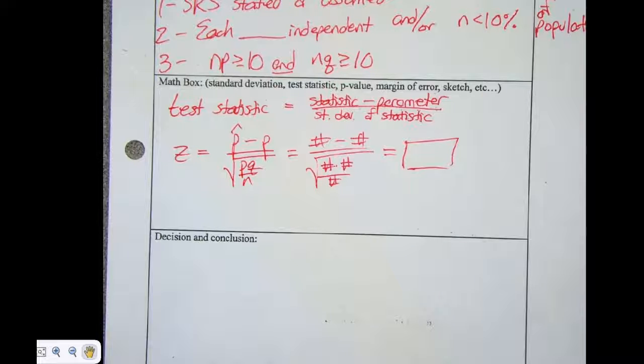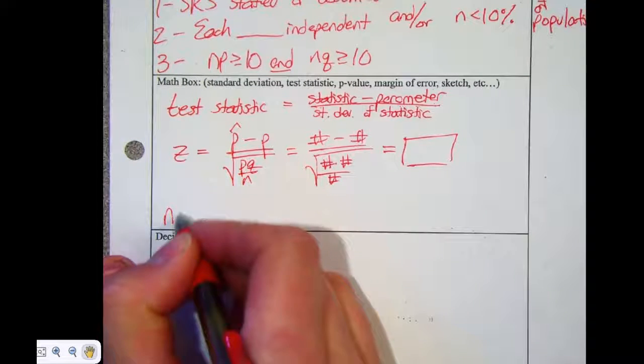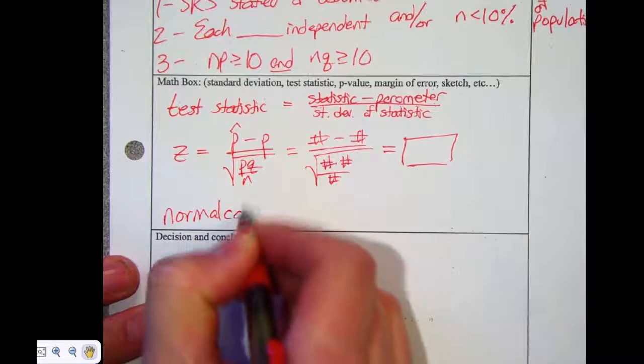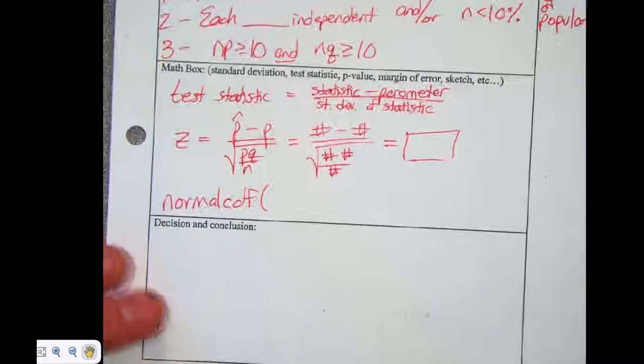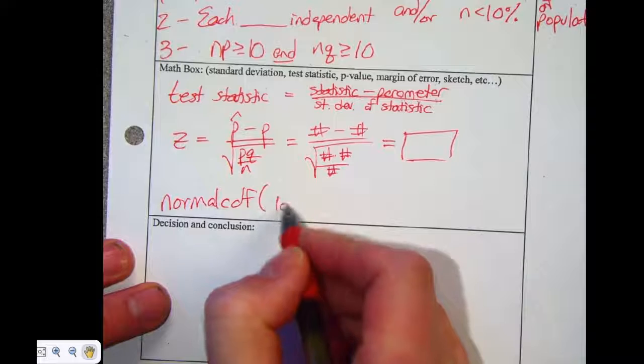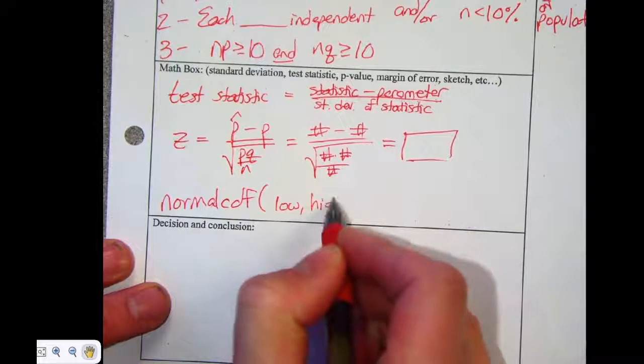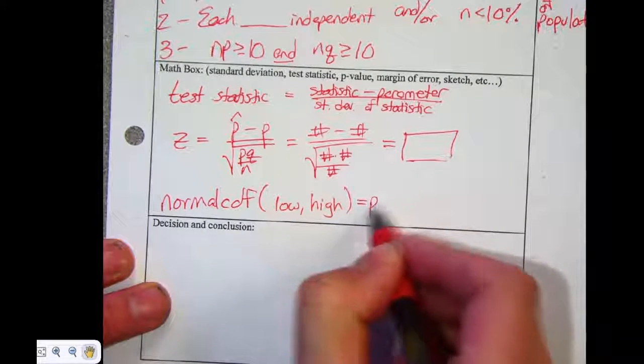To turn that Z-score into a p-value, what calculator function do I use? Normal CDF. Why am I not using T-CDF? Z is normal. So normal CDF, and then you're going low to high. That's the p-value.